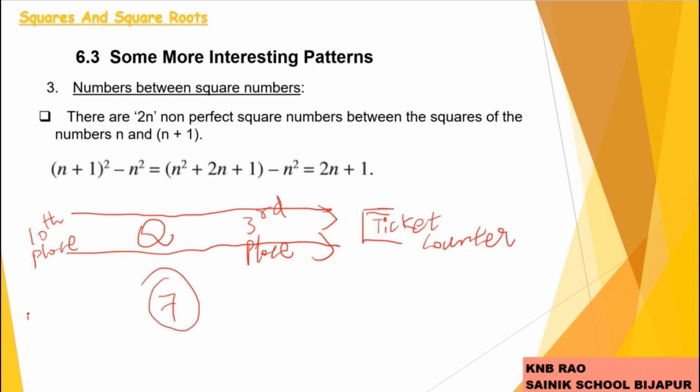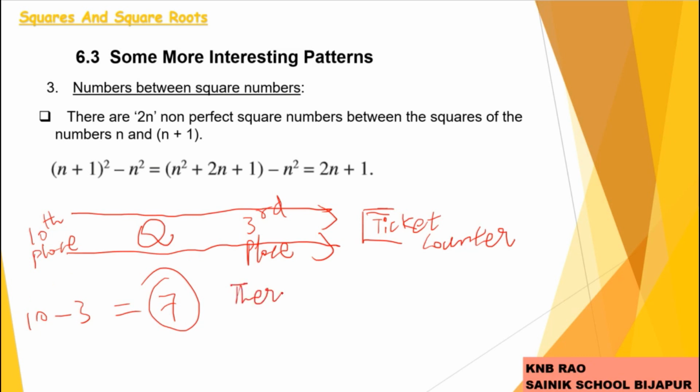One less than that gives the number of people between you: 4th, 5th, 6th, 7th, 8th and 9th fellow. There are 6.